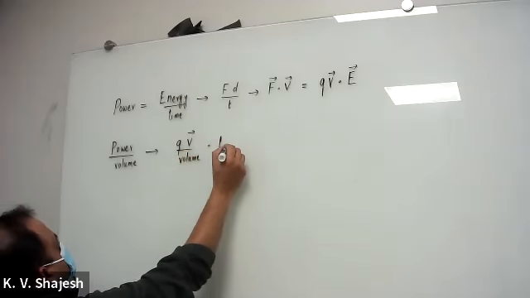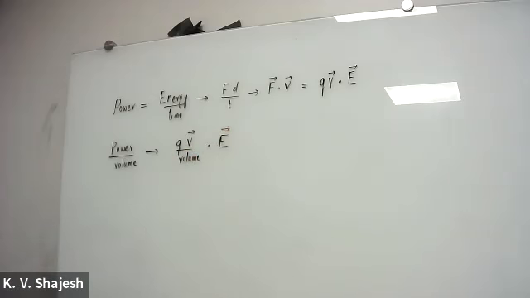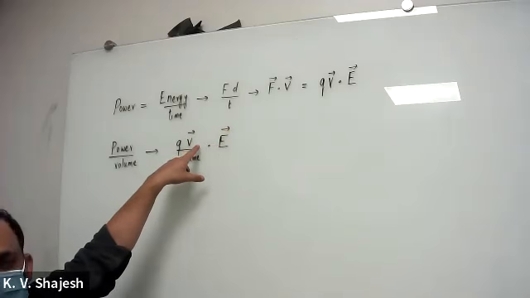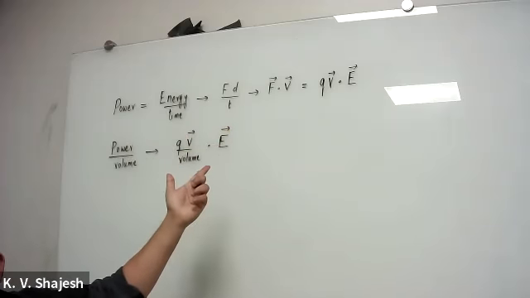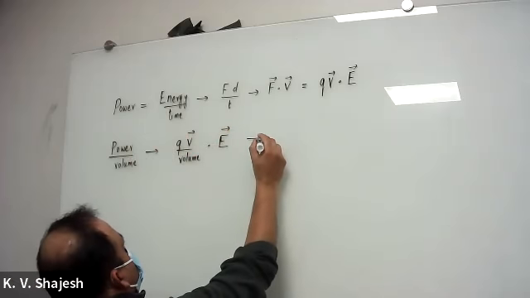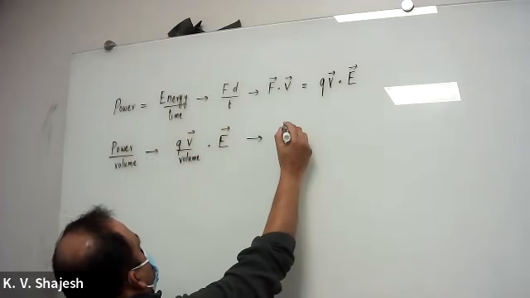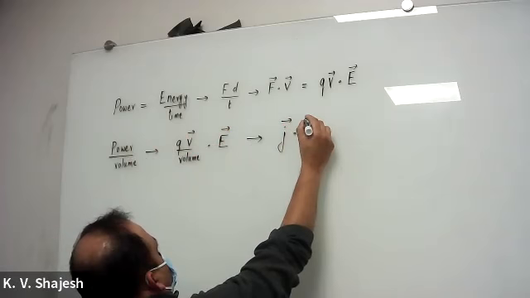Dotted with electric field. Q times V is nothing but current. Current per unit volume is current density. So this is nothing but J dotted with E.